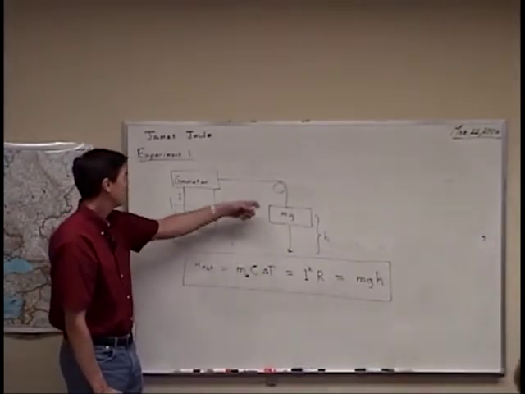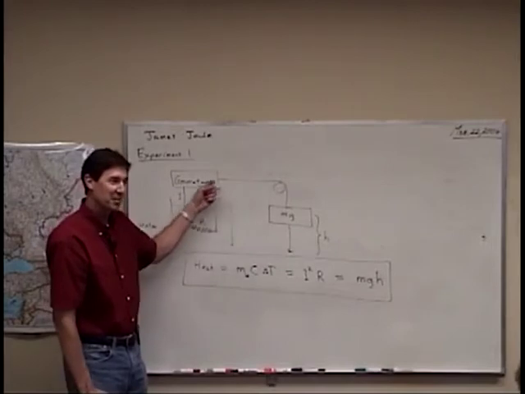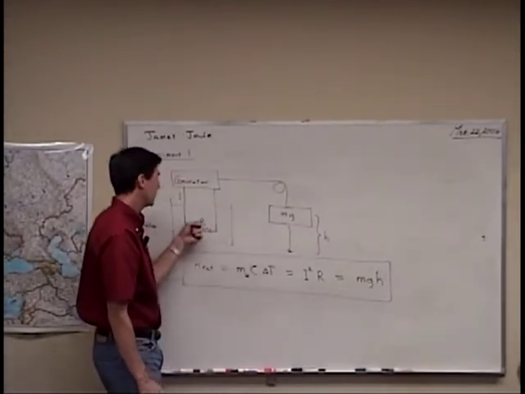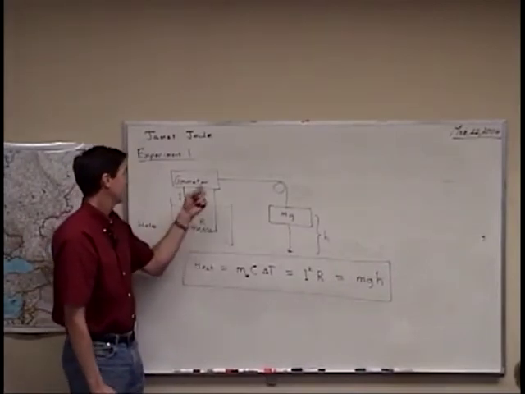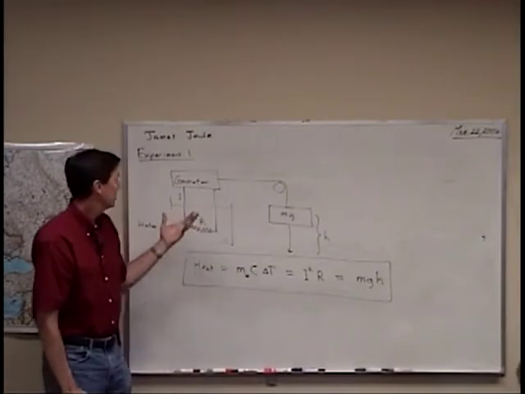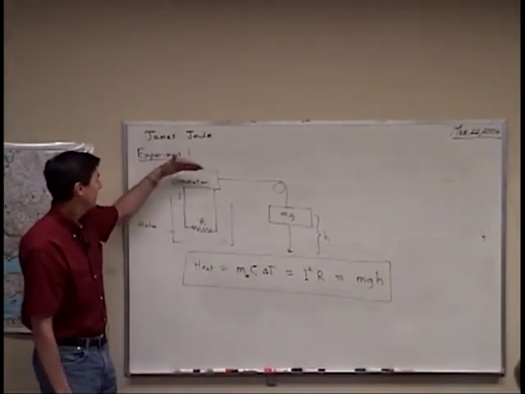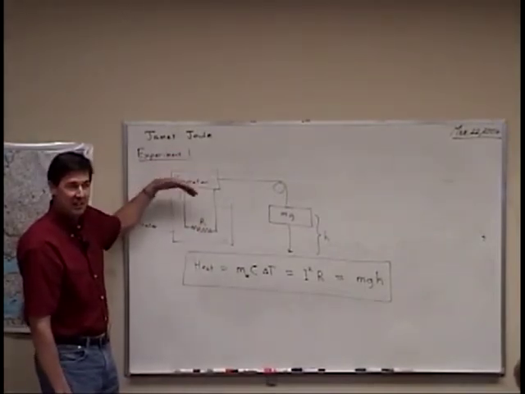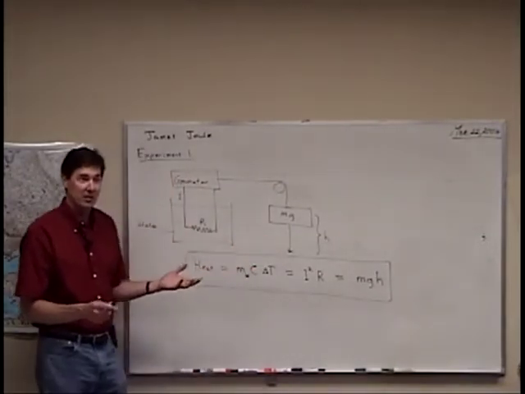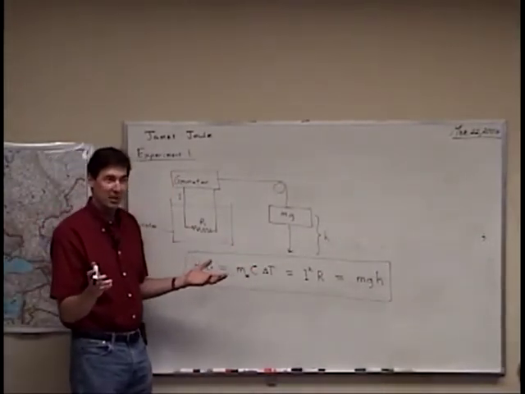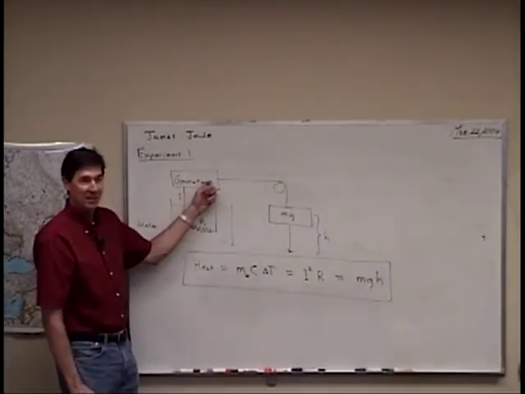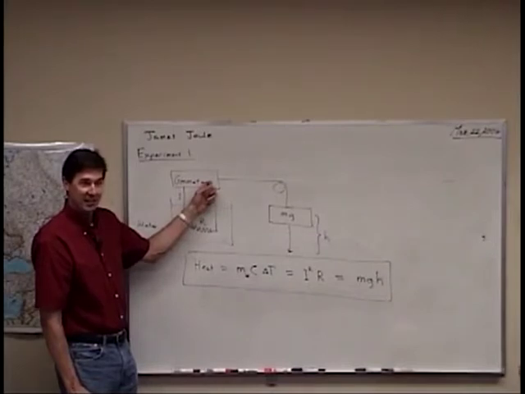Now, Joule, in a way, has complicated things here because he's not going directly from motion to heat. He's going from motion to electricity to heat. And by introducing the electricity, he does make the experiment somewhat more complicated and actually introduces a source of error that Troy pointed out this morning, that some of the heat is bound to be lost in this generator.